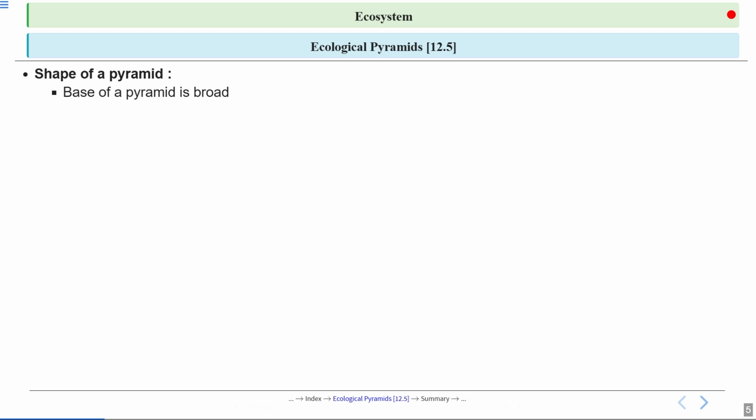As an example, in a forest, there are countless blades of grass, many different kinds of shrubs, and a wide variety of trees. All of these plants collectively form the broad base of the pyramid because they are the most numerous and hold most energy.